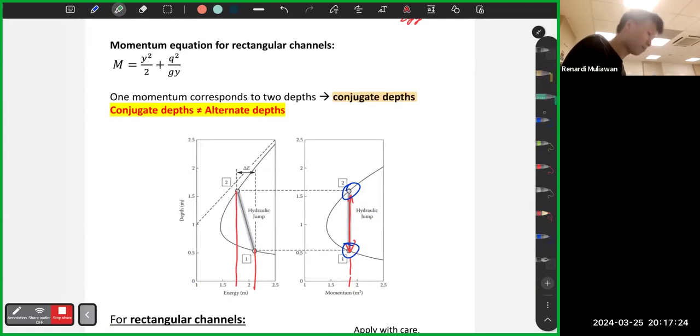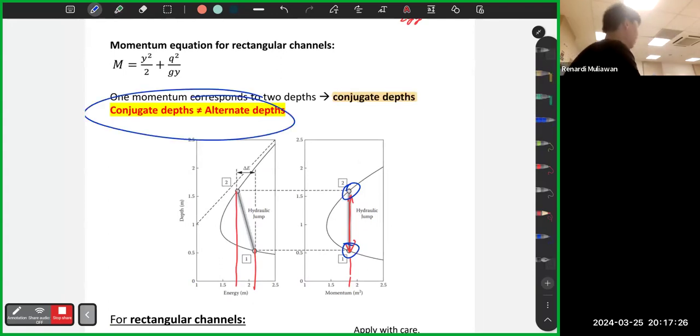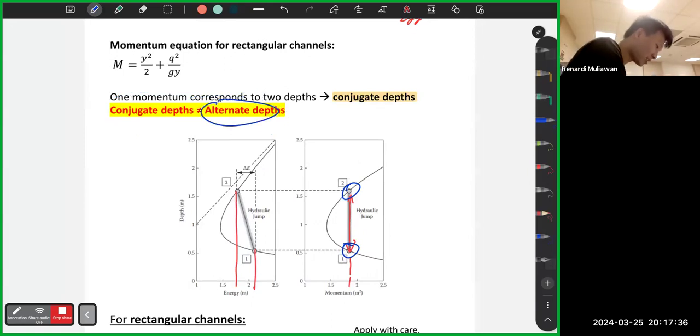And be careful, there are two terms. There's conjugate depth, there's alternate depth, and these two mean different things. This is just so you're not confused. Alternate depth means same energy. Conjugate depths means same momentum. Don't confuse the two.